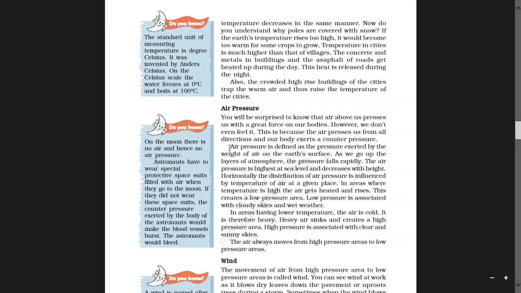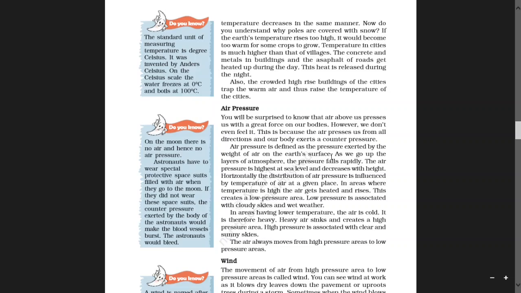Come on, mark this paragraph also. Air pressure is defined as the pressure exerted, that means brought to bear, by the weight of air on the earth's surface.